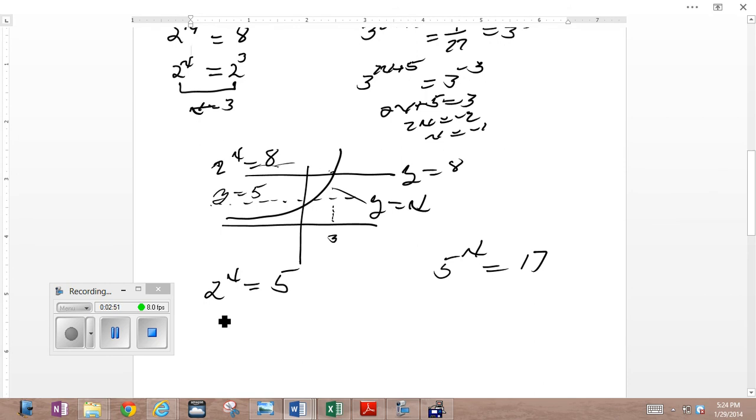So what we have to do is incorporate our calculator. For these exponential equations for which we cannot solve them by hand, we have to go to the calculator, and what we're going to do is take the log.